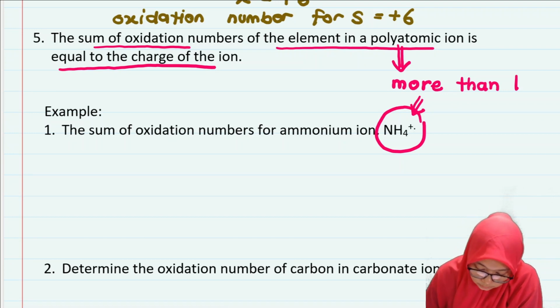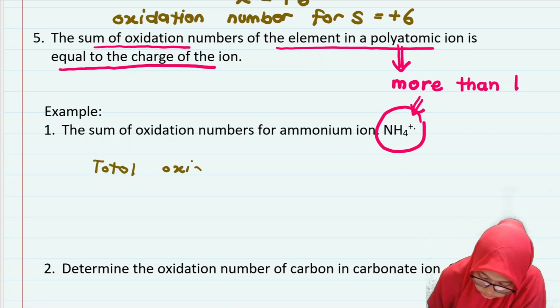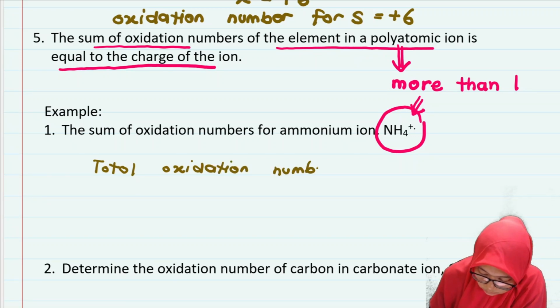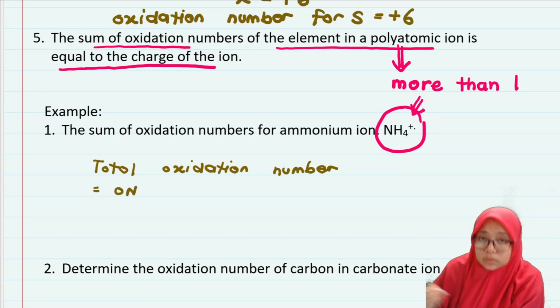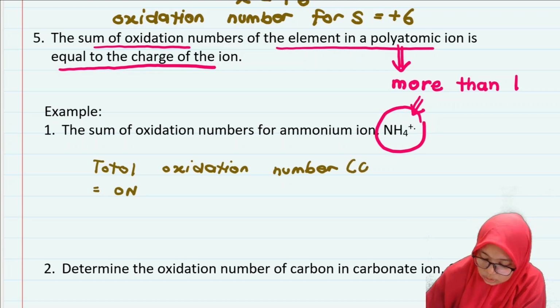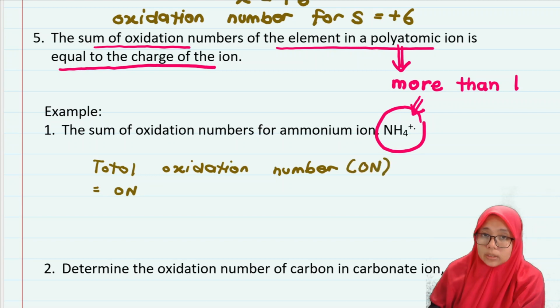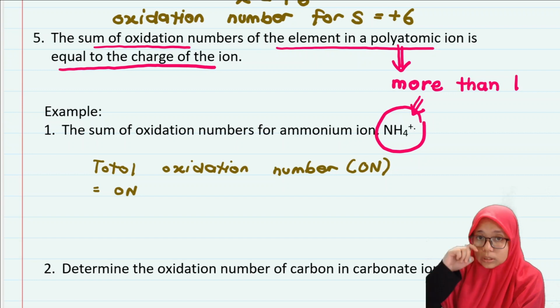So if you want to calculate the total oxidation number for ammonium, it is equal to the oxidation number. I will refer to oxidation number as ON so that I don't have to write down the full term.